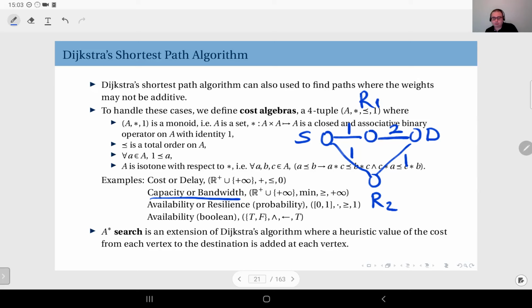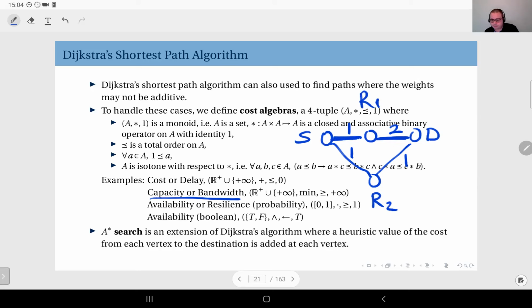Well, in fact, these two paths are in general equivalent, because when considering bandwidth or capacity, you will look at the minimum across the entire path, because that will be your effective capacity throughout the entire path. Because even if you have capacity of 2 here, you will not be able to use that entire capacity because you will have a capacity of 1 here.